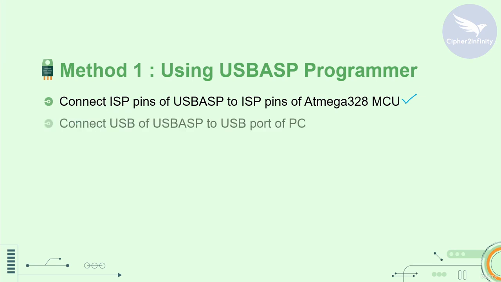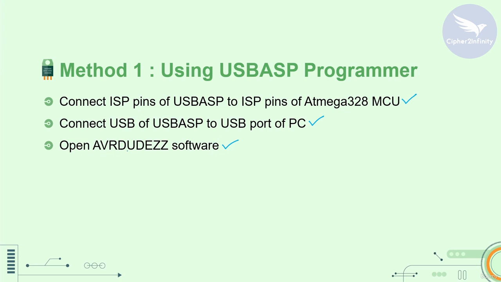Then the next step is to connect the USB side of the USB ASP to the USB port of the PC. After that, we need to open the software AVRDUDE. You already know we use this software to program the code in the microcontroller.